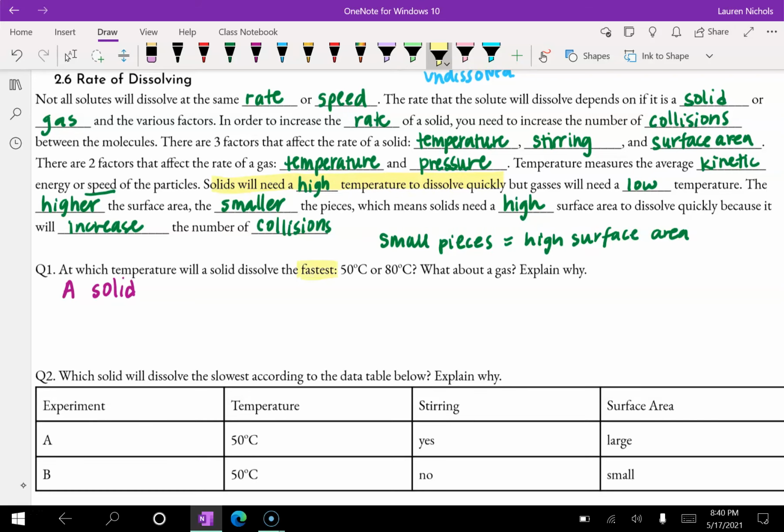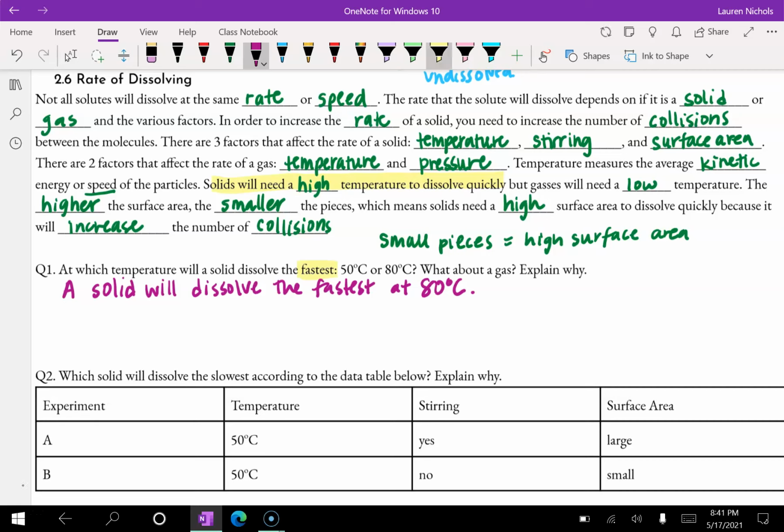So when we want to know the fastest, we need a high temperature. So a solid will dissolve the fastest at 80 degrees Celsius.